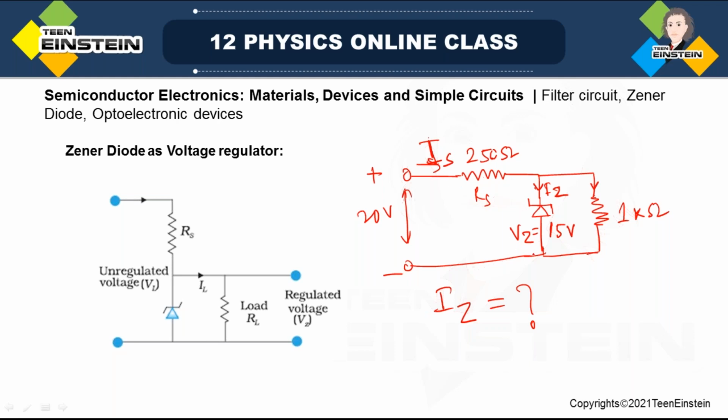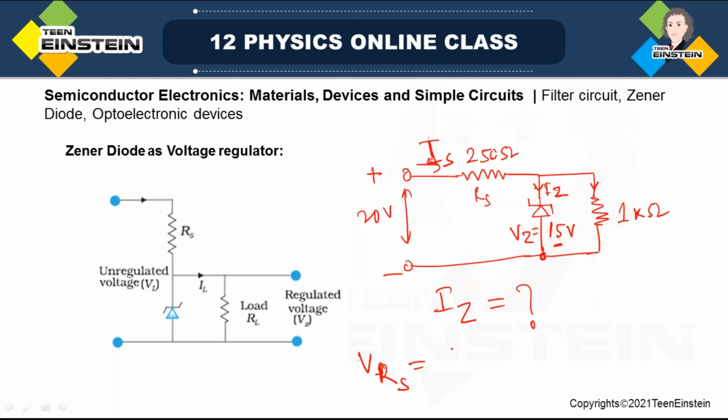Anyway, look here. We know up to here the voltage drop across the diode is 15. So what is the voltage drop across Rs? Let us write that as Vrs.